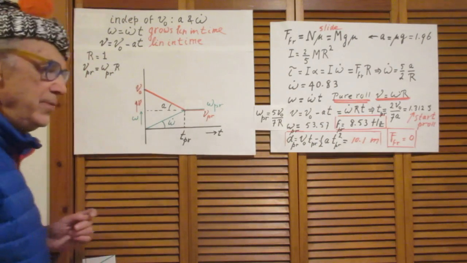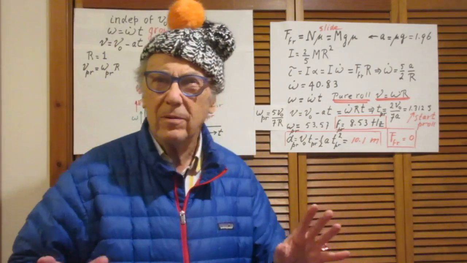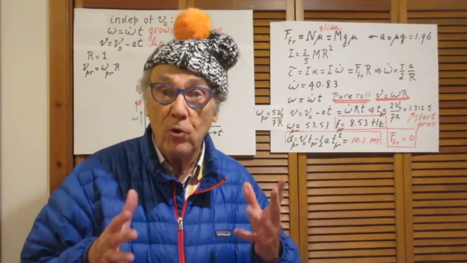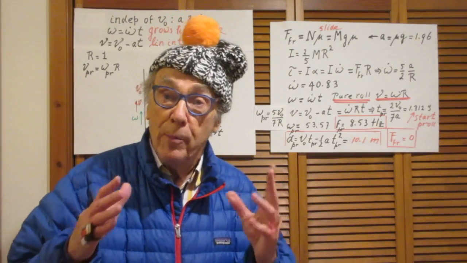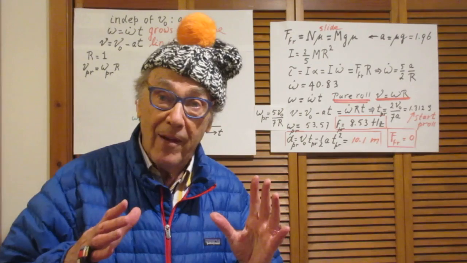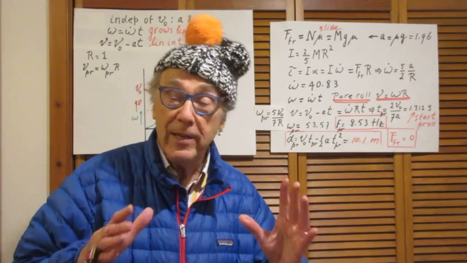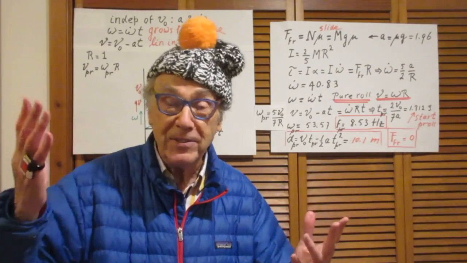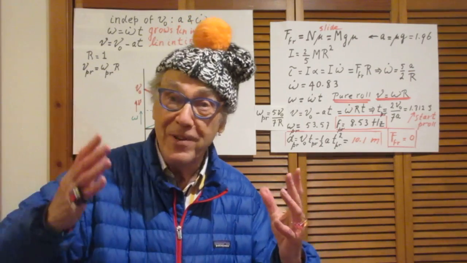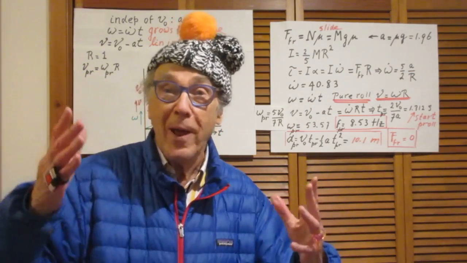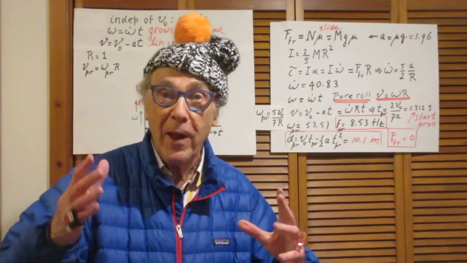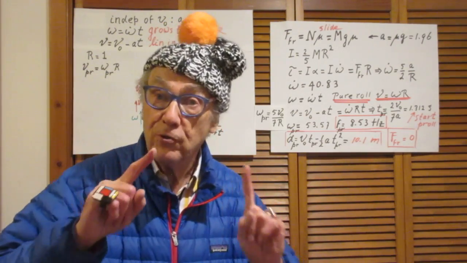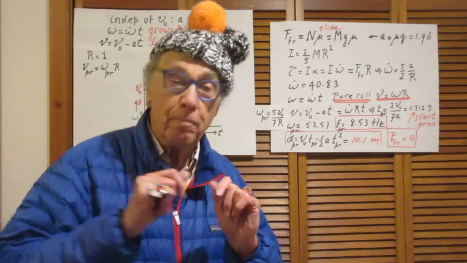I have chosen, purely for convenience, but it's really irrelevant, r equals 1, because then when pure roll is achieved, V equals omega r, then V equals omega. But be my guest and choose V equals 2 omega or 5 omega or half omega, that's okay. You can change r any way you want to.